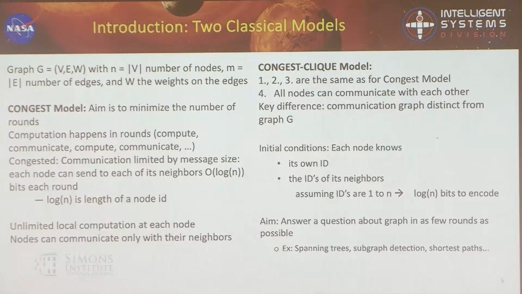So you can think of this as sending a constant number of ID tags for nodes in the graph at each round. In the CONGEST model, we're going to be trying to learn something about the communication graph itself. So before I go on to the next one, any questions on this model?